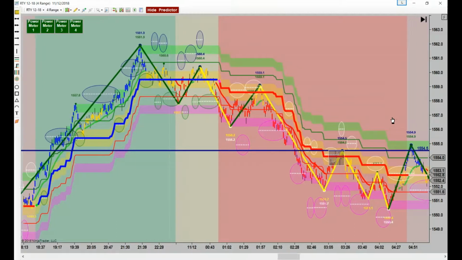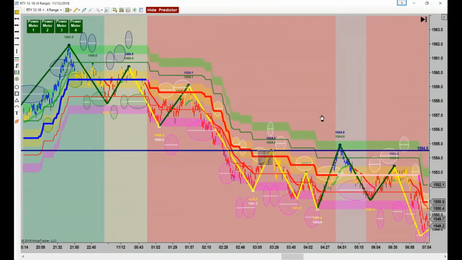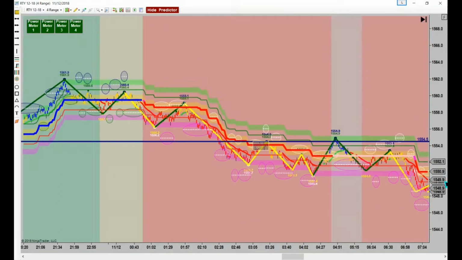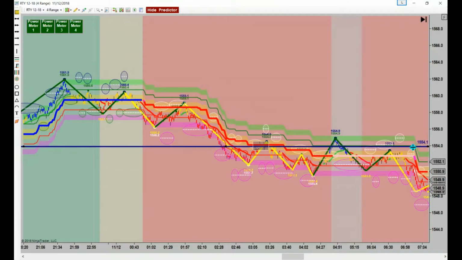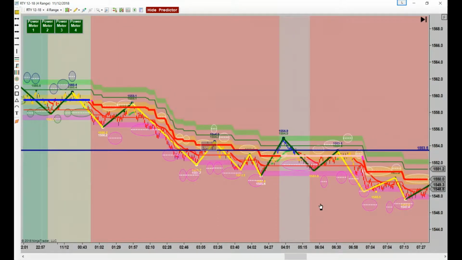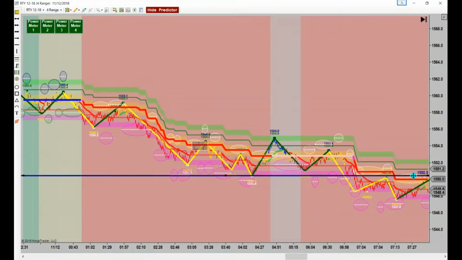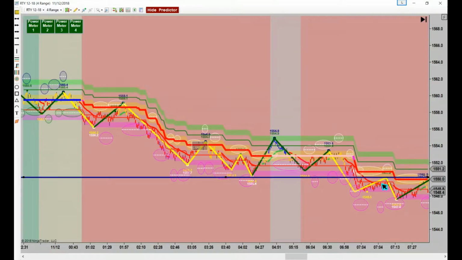Let's see if this trend changes again. Nope. Where's your swing now? Anybody? 1550 what? Like 1553? 40 for now? That swing right there is your identified swing.